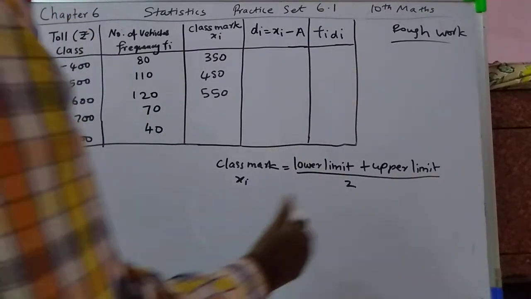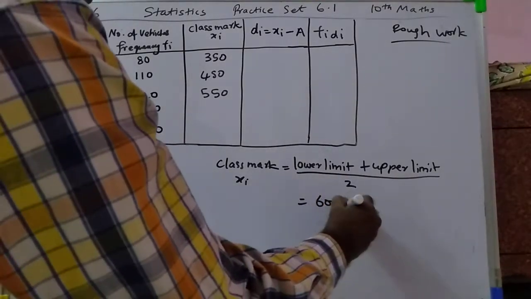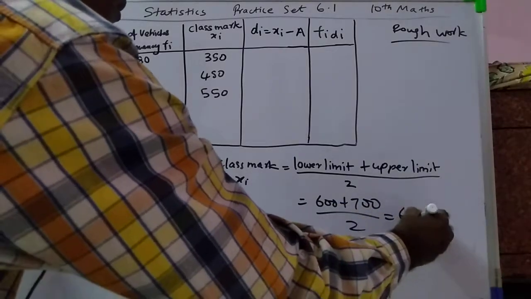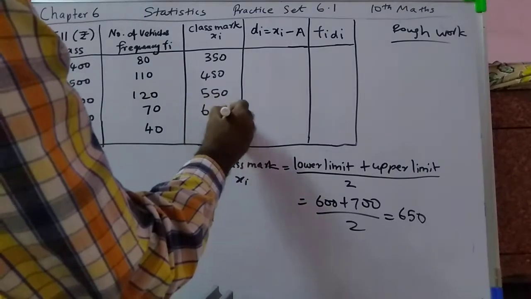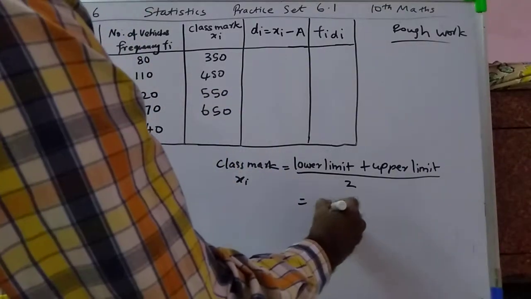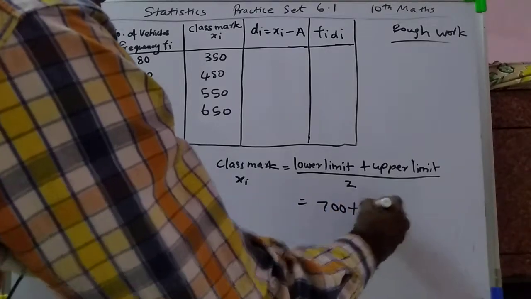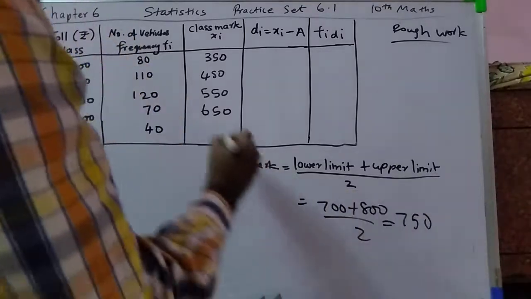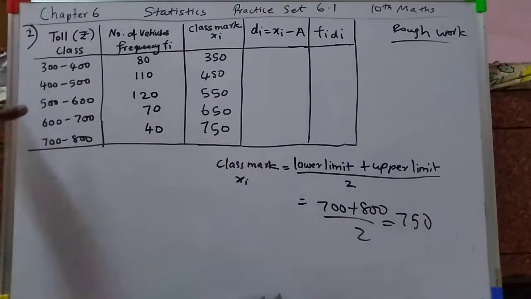And then next one is 600 plus 700 divided by 2, that becomes 650. I'll take last one, it's 700 plus 800 divided by 2, that you will get 750. So this is class mark.